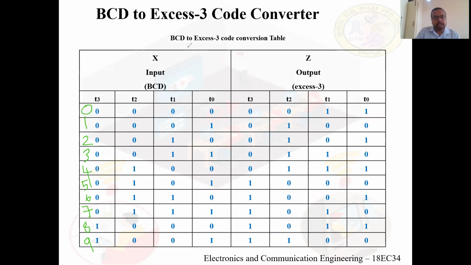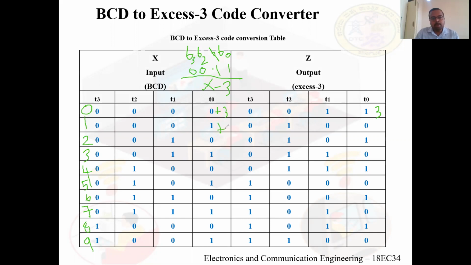In the sense, if I take the BCD numbers as B3, B2, B1, B0, and add 0, 0, 1, 1, we get an Excess-3 number. So we have 0 plus 3, what we get is 3.